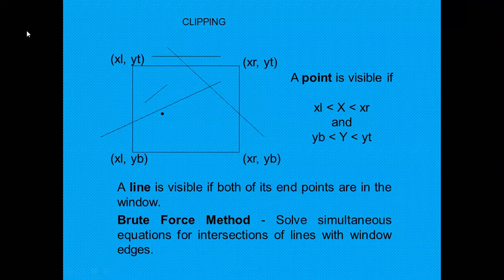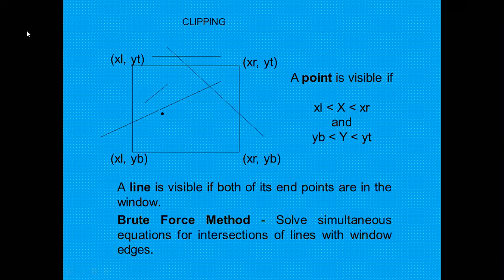Then there are several methods, several criteria, for how we select the particular line, arc or any object that is visible. How do we choose that particular image, and check whether it is visible or not?